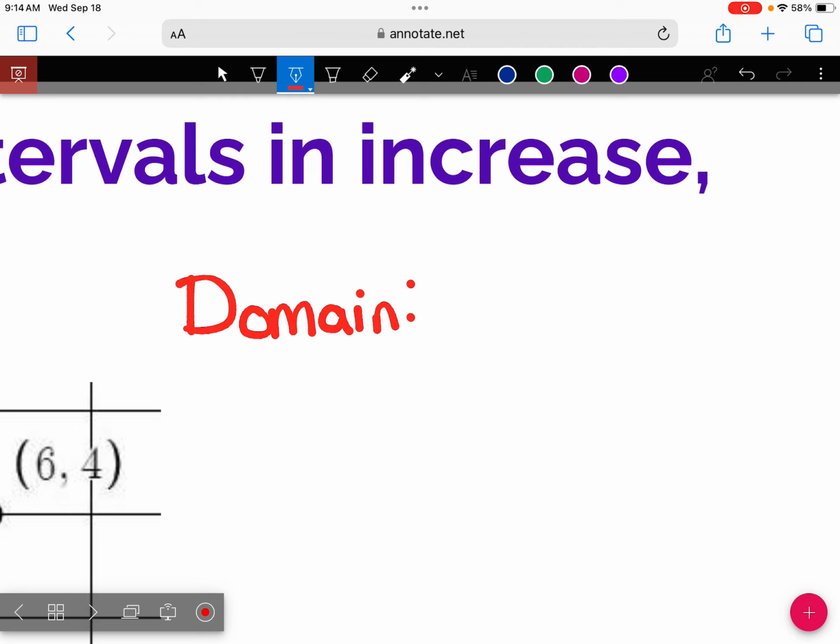What is our domain going to start at? Negative 5. Is negative 5 included or excluded in our domain? Included, because it's got that closed circle. If it's included, we put a bracket. Where do we stop for our domain? 6. Do we hit every value between negative 5 and 6?